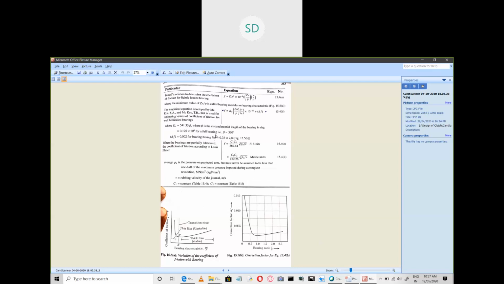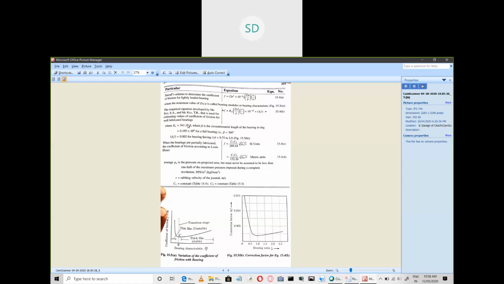We'll assume it as a full bearing, that is beta equal to 350 degrees, then K equal to 0.195 into 10 to the power of 6 for the full bearing.